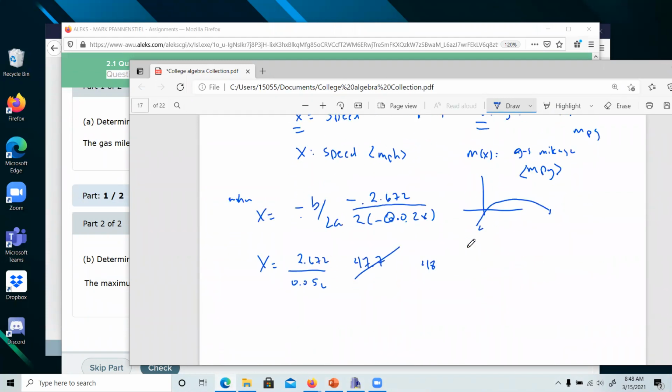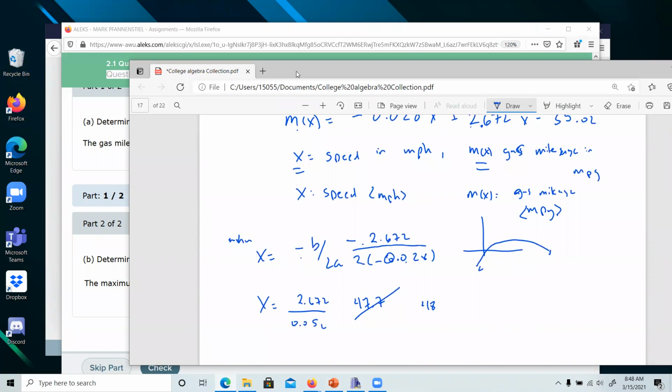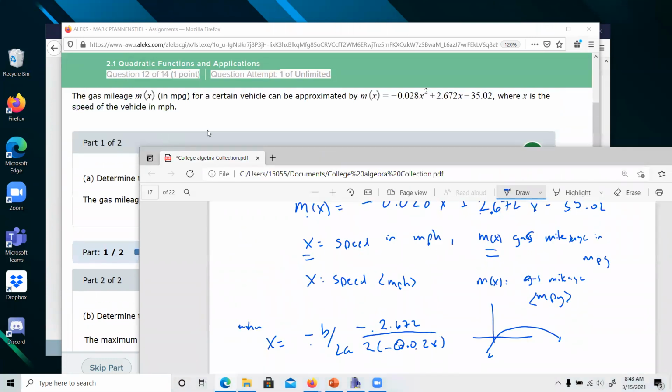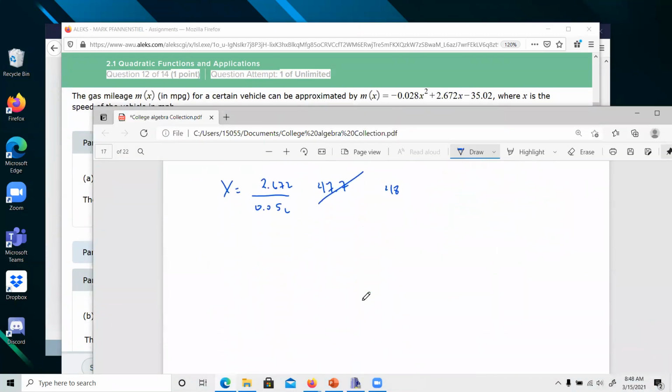Okay, so let's see. Oh, there we go, look at that. So we put in mileage is equal to negative 0.028 times 48 squared plus 2.672 times 48.